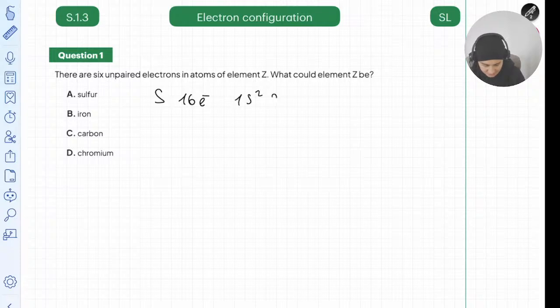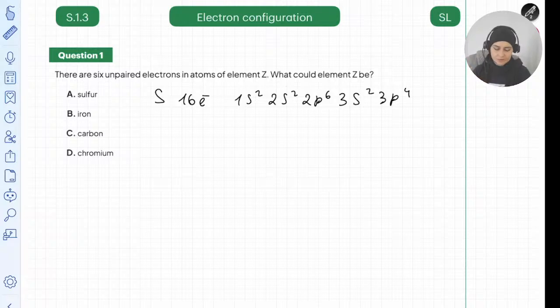It's 1s2, 2s2, 2p6, that's 10, 3s2, 3p4. The only place where you can have unpaired electrons is when the subshell is not full. Here all subshells are full except 3p, which means the only place where you can have six unpaired electrons is 3p, which is not possible, because it only has four electrons. So it's not A.